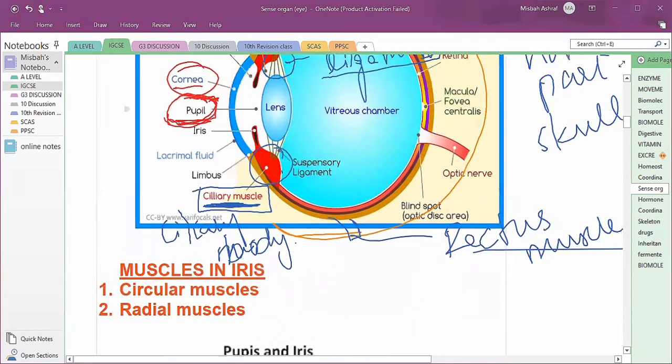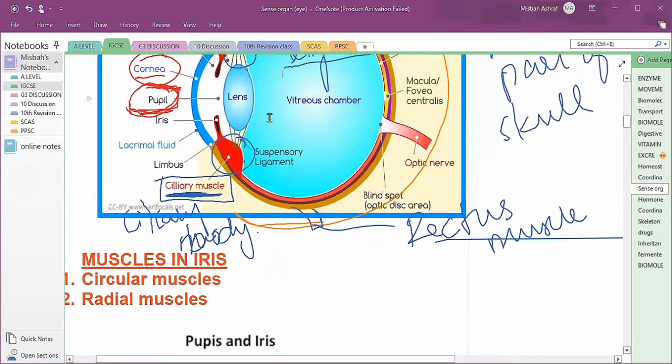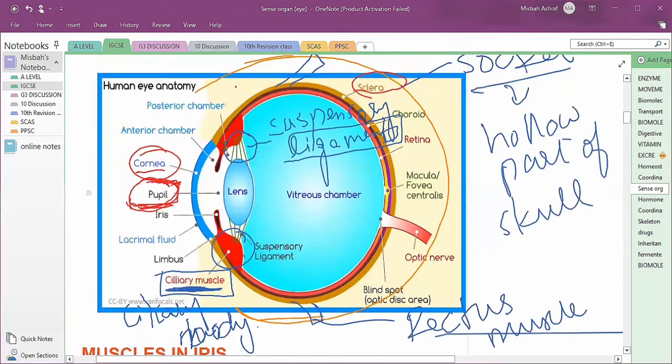I'm going to write here. Ligaments are the connective tissues which connect this lens to the ciliary muscles which are present inside the ciliary body. The ciliary body has ciliary muscles, and those muscles are connected to the lens with the help of the suspensory ligament, which is suspending the lens in the center of the eye.